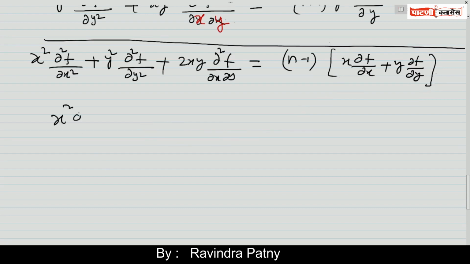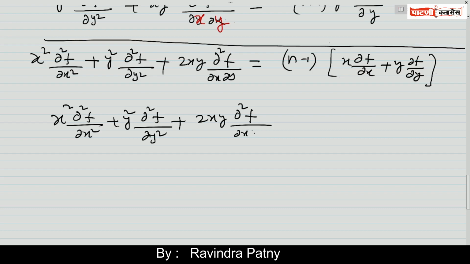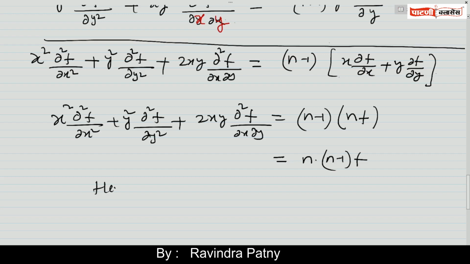Therefore x² ∂²f/∂x² plus y² ∂²f/∂y² plus 2xy ∂²f/∂x∂y equals n minus 1 into nf. This can be written properly, n into n minus 1 into f. Hence, the corollary to Euler's theorem has been verified.